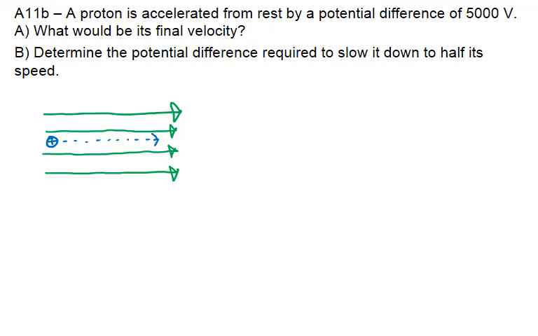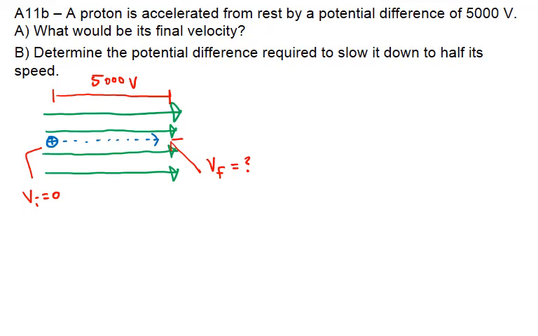The intuition with this, you can think about it: it's going to be accelerated, and we can figure out how much because we know how much voltage we have. We also know it's a proton, so we know the charge. And again, it's starting from rest. What we're going to concentrate on is what's going on with energy.